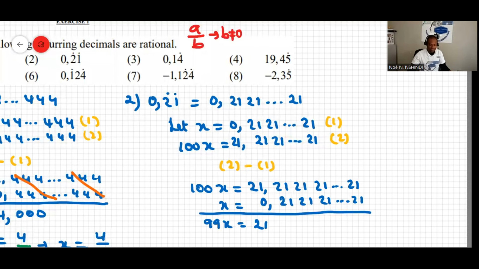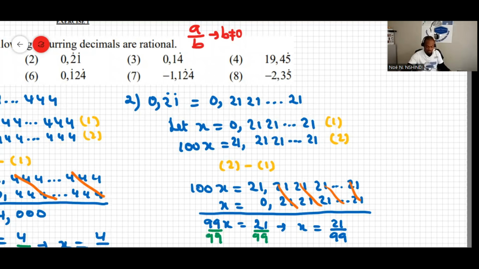You notice that the decimal parts cancel. To find the value of x, I divide both sides by 99, and I have x equal to 21 over 99. So this is proven, because this is the form A over B of this recurring decimal.